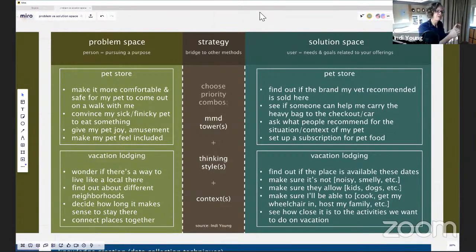Whereas if you scroll to the problem space side, when you look at it from a person's point of view in the problem space, it's a little less oriented to the pet store. The way that you can understand that your purpose is in the problem space versus the solution space is that it can be achieved using a lot of different tools.